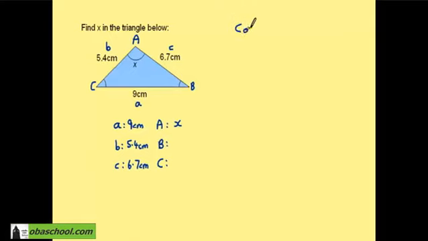If we're finding an angle, it's best to have the cosine rule as cos A is b squared plus c squared minus a squared all over 2 times b times c.